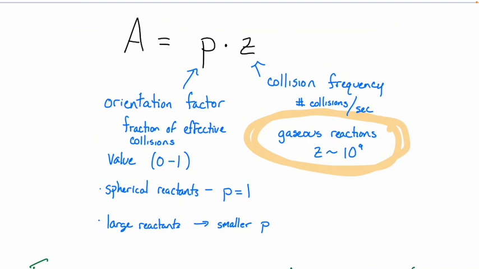All right, so by analyzing that data, we find out what that frequency factor is. If we know our collision frequency, which we do for gaseous reactions, then we can figure out just what that orientation factor is, just what fraction of collisions actually lead to a product.